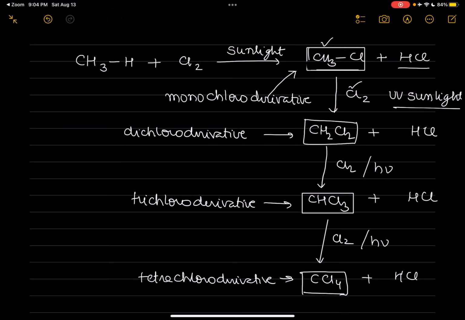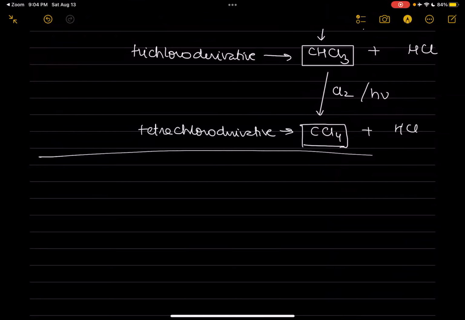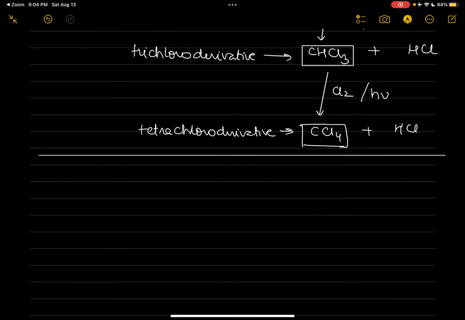But you can do it for larger alkanes also. For example, let's go for ethane. And if nothing is mentioned, you are going to write only the monochloro derivative.